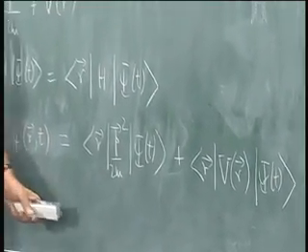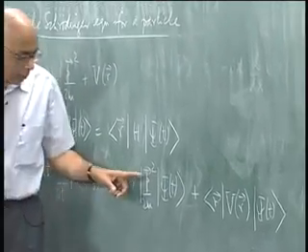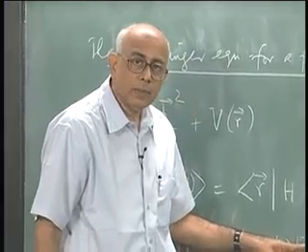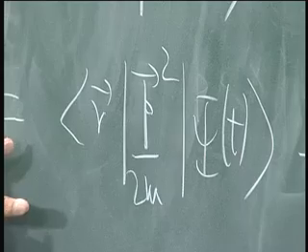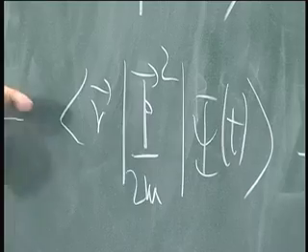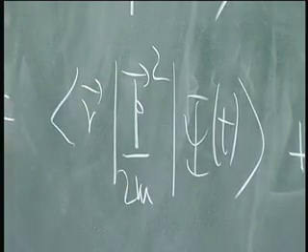We can now simplify both these terms, we are in a position to simplify both of them. For the P operator, the matrix element of P in the position basis is −iħ gradient acting on ⟨r|ψ⟩, right.